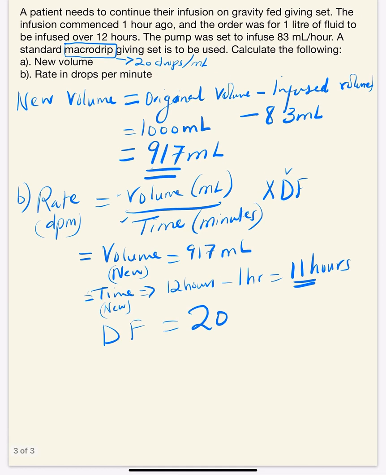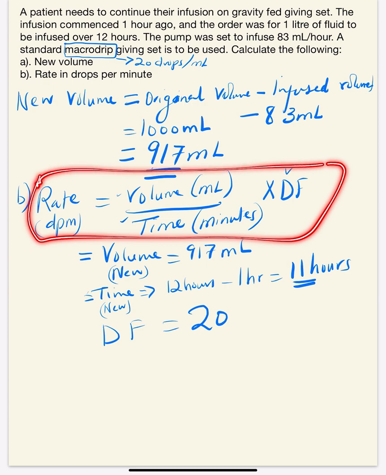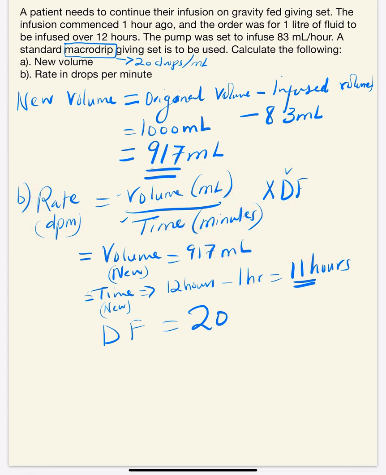So if we put these numbers where they're required in this formula, we just input what we need. The volume goes there, our time goes here, and the drop factor goes there. So at this point, rate in DPM is equal to volume, which is 917 milliliters, divided by our time, which we've already calculated as 11 hours.